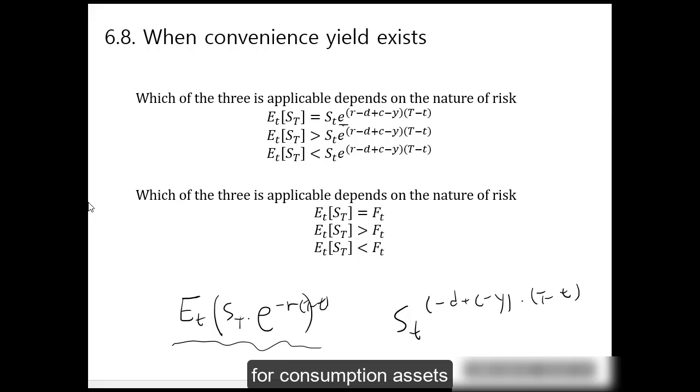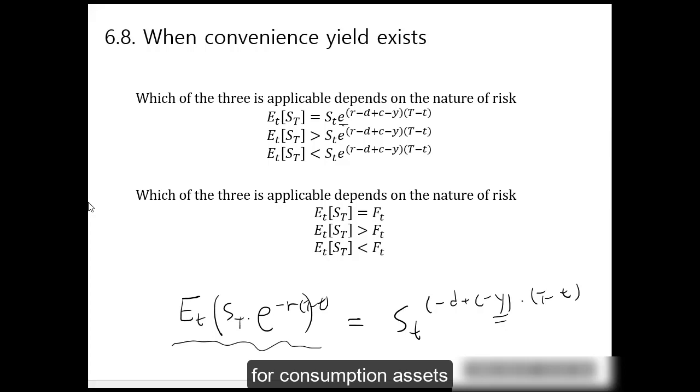That's what we have here. And this argument doesn't depend on whether there is convenience yield or not. It's exactly the same argument if you can calculate convenience yield. Of course, if you cannot calculate convenience yield, then this formula may not help you too much. But if you can calculate convenience yield, then yes, you can do that.